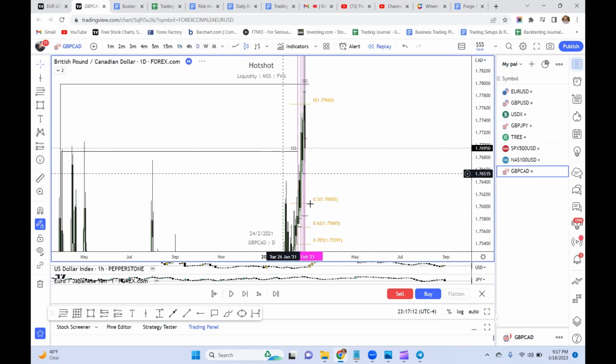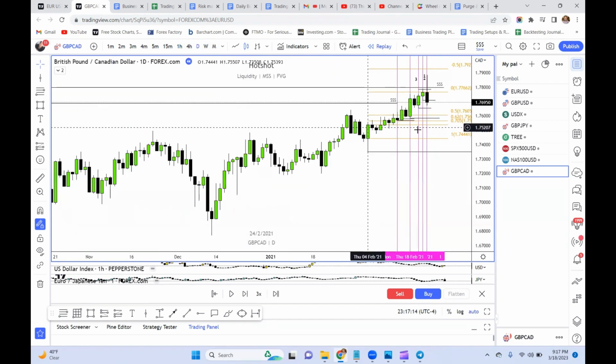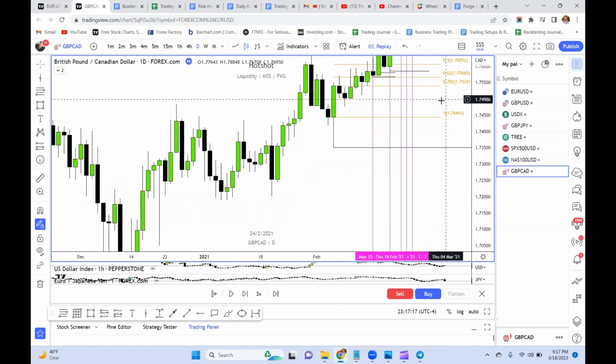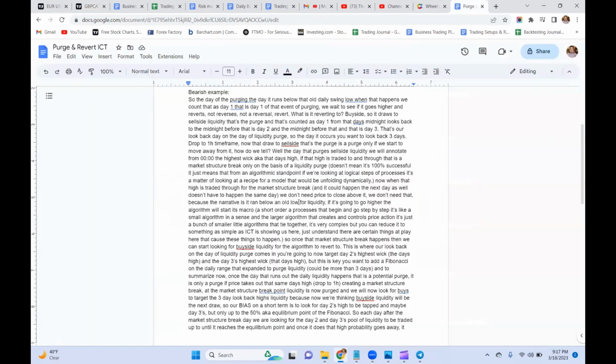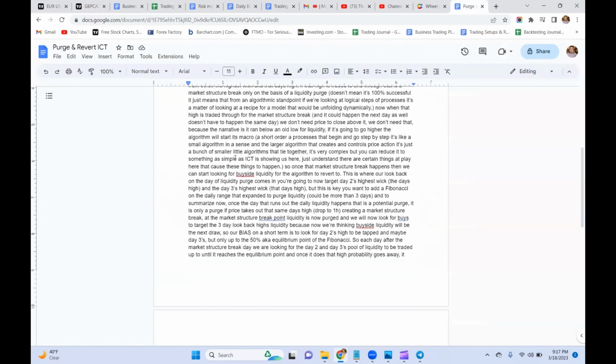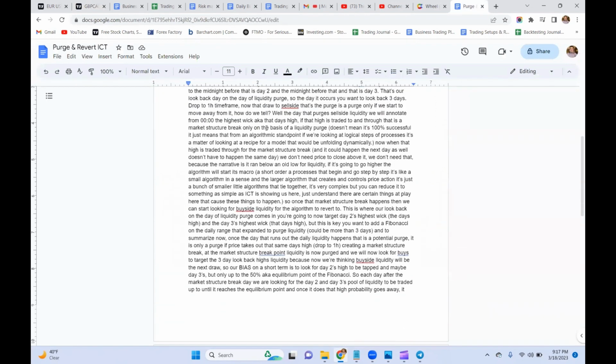So this next day, this following day, I know we said that our bias is bearish, but since we have now market structure shifted, like on the Purge and Revert, we look right here. Now, when that low is traded through for the market structure break, we don't need price to close below it. Don't need that.